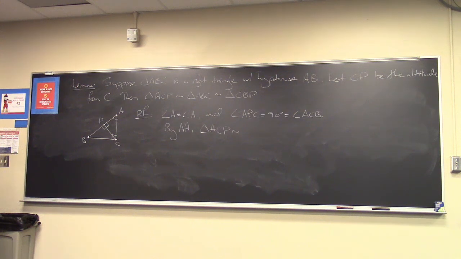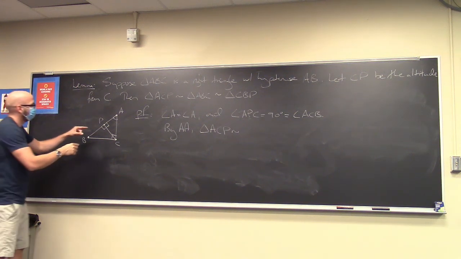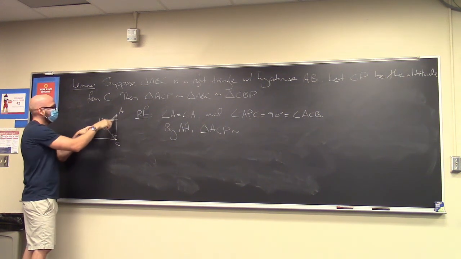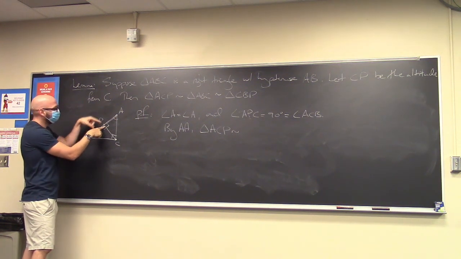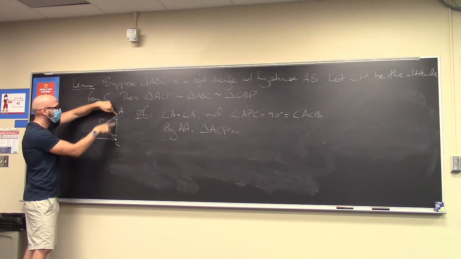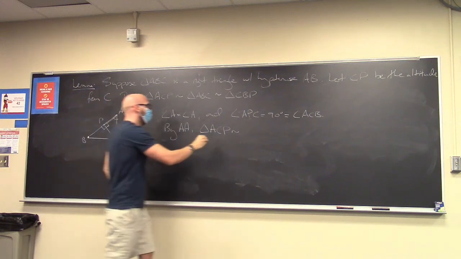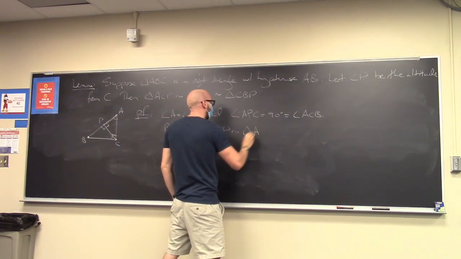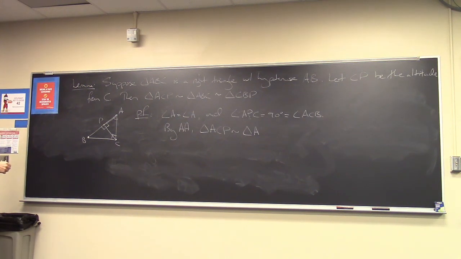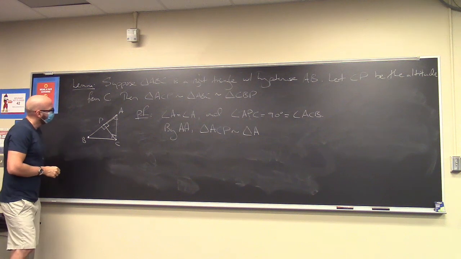Let's just make sure we match it up the right way. This side here, from A to P, goes from angle A to the right angle, so the corresponding side over here must go from angle A to the right angle. That matches up with AC. So this would be triangle A... Oh wait. Yeah, I'm confusing myself.